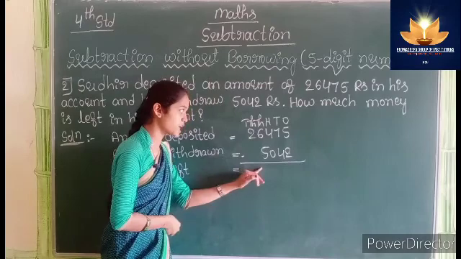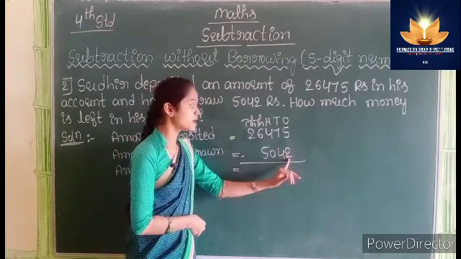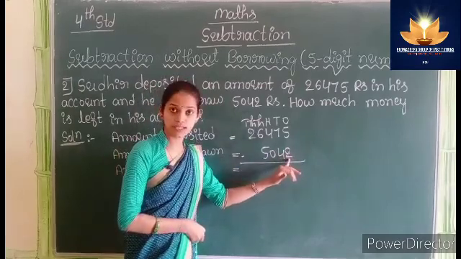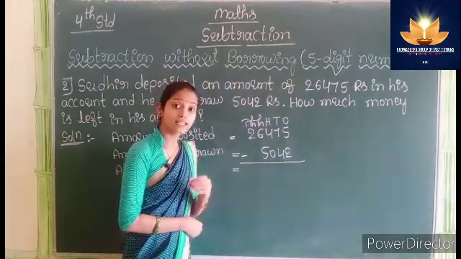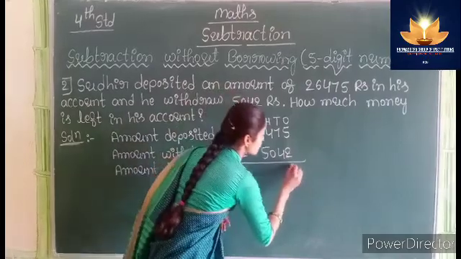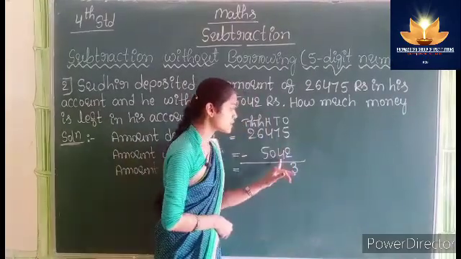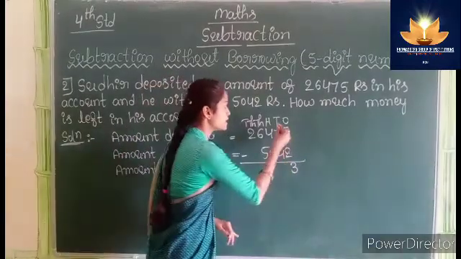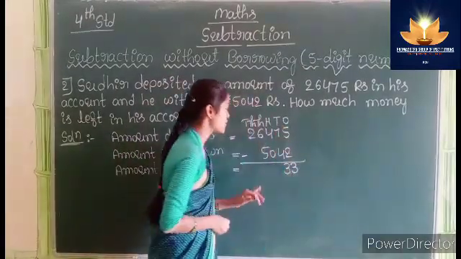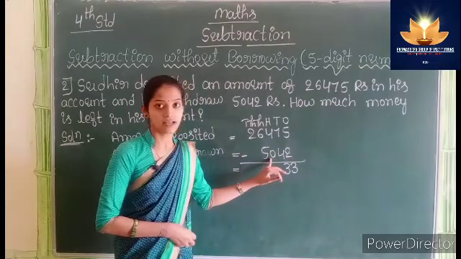First we have to subtract ones place. 5 minus 2, how much, students? 5 minus 2, that is 3, and that 3 should be written in this ones place. Then 7 minus 4, we get 3, and that 3 should be written in this tens place. Then 4 minus 0.